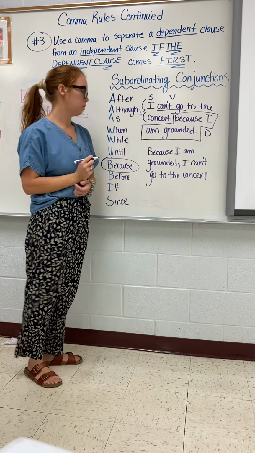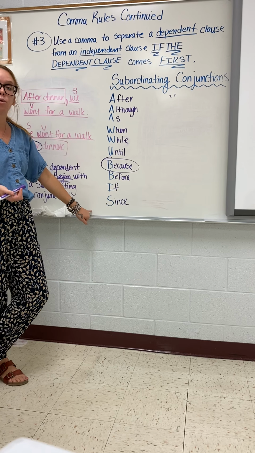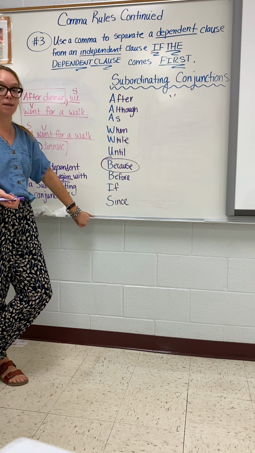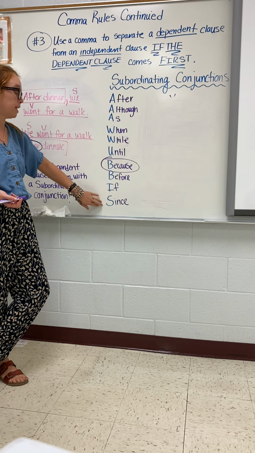Okay? So, just a quick little recap. Subordinating conjunctions will help you to determine if you have a dependent clause. If you see this word in a sentence, you have a dependent clause somewhere, be it at the beginning or the end. Just know you use a comma at the beginning. So this is kind of a recap from looking at what we did in the last comma rule, but it's a good reminder with independent and dependent clauses.